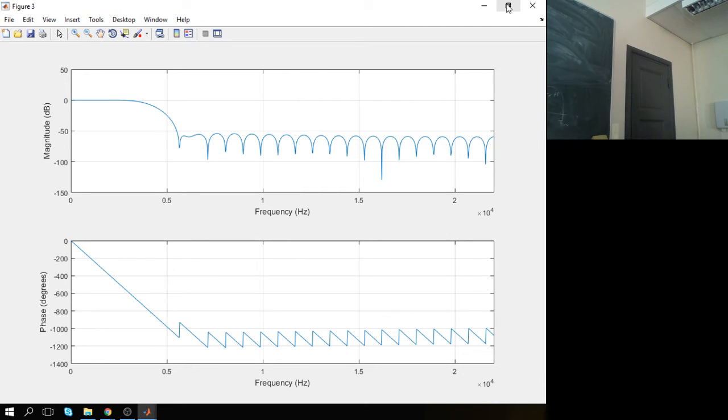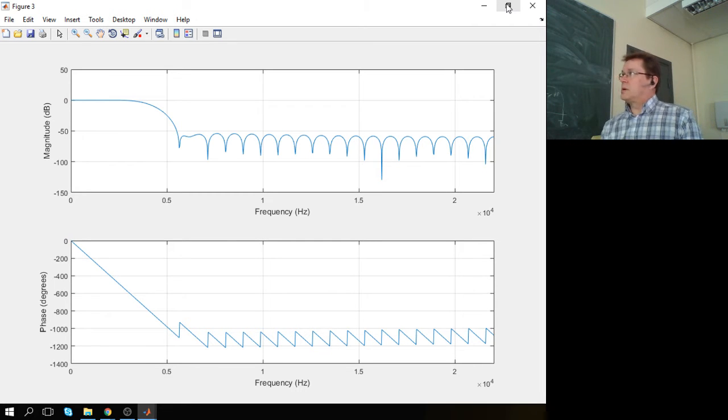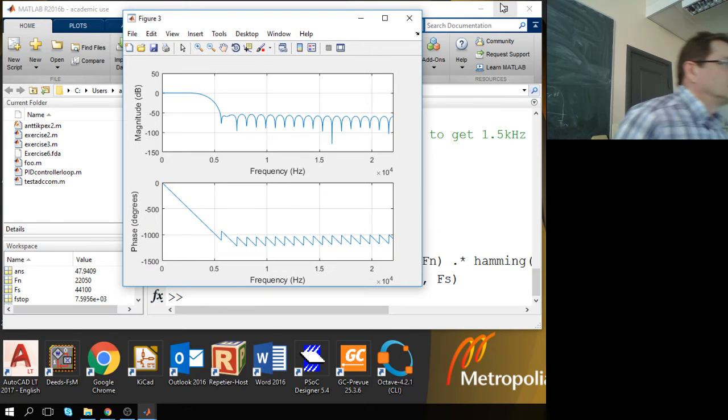So we use the cutoff frequency on sinc, we use this window to get the stop band attenuation, and we use the window width to get the transition bandwidth about 1.5 kilohertz. Good. And that's the low pass filter.